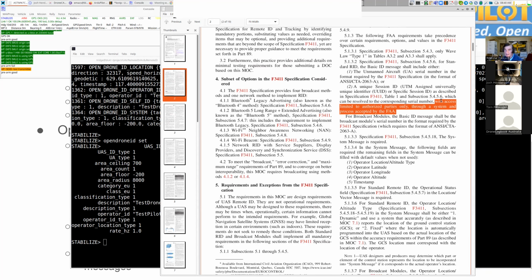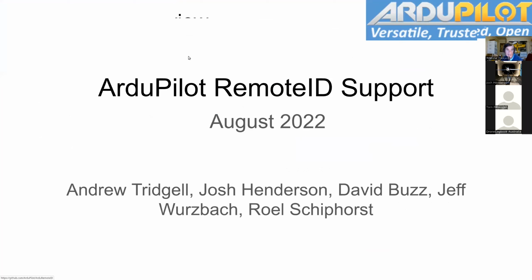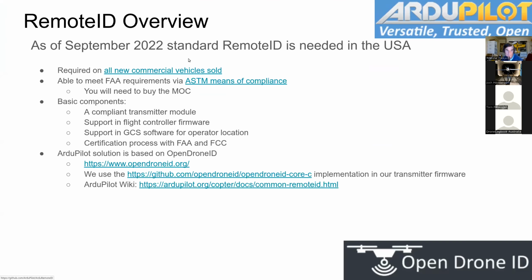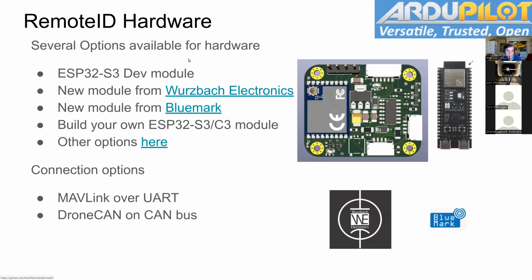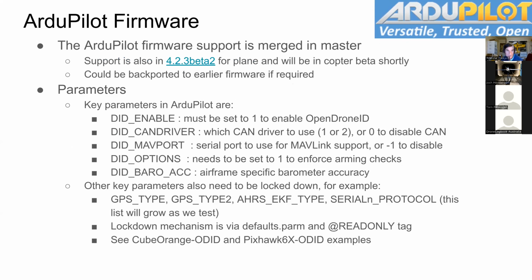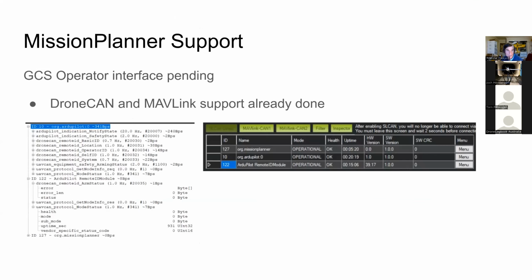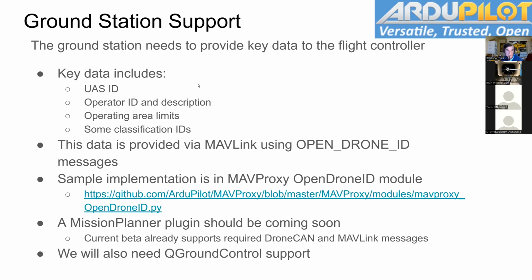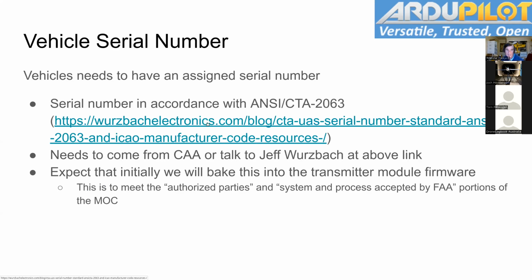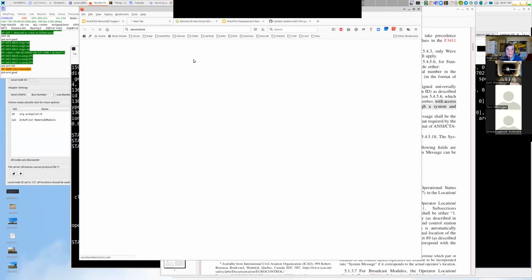With that ID baked in, you'll need to get that ID allocated. Jeff has a really good page on his website. If you look up here on Jeff's, where's the Jeff's page on this? It's towards the back. Okay, yes, here it is. This is the page you will need to go to.